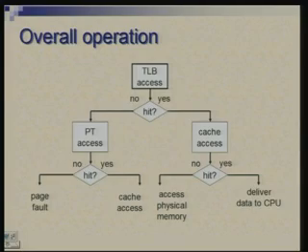Yes, yeah. If it is not in the page table, it is not in the cache. So we are assuming that inclusive property here. Let us assume the inclusive property, that cache will not have anything which is not there in the physical memory. What we have in cache is a subset of what is there in the physical memory. So with that assumption, some of those 8 get ruled out.